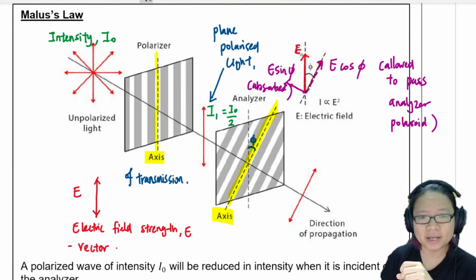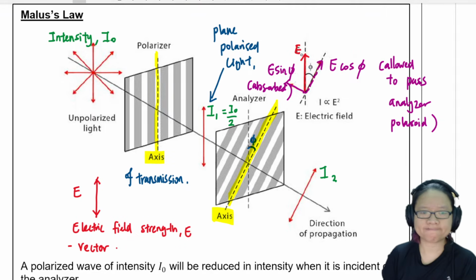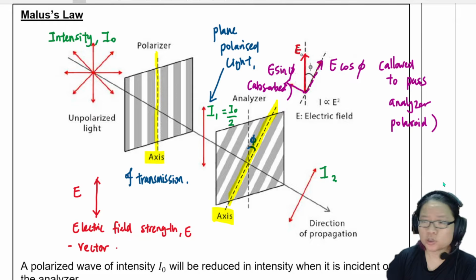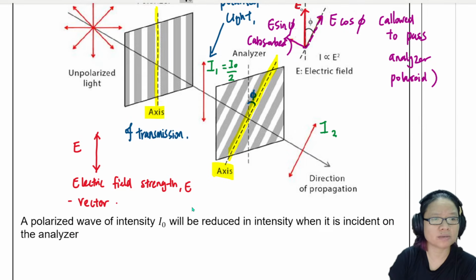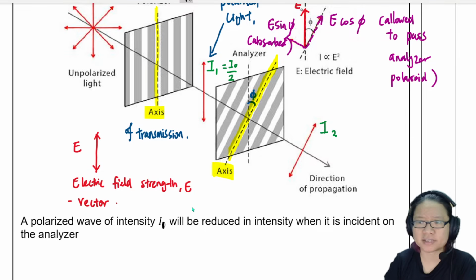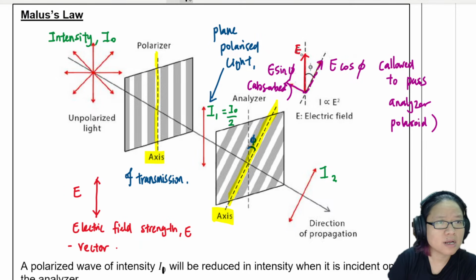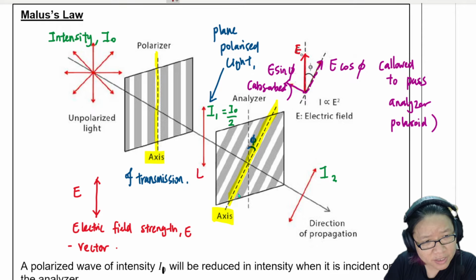And then here, let's say I call this I2. So basically the polarized wave of intensity I1 will be reduced in intensity when it is incident on the analyzer. But there's a second thing here. Let's say this electric field here is E0.